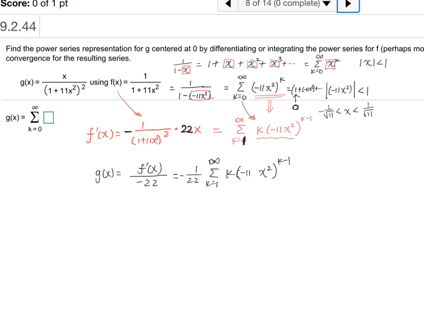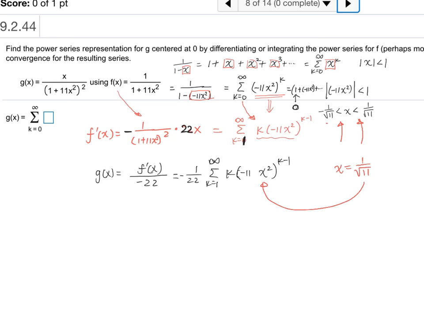And when you eventually find the interval of convergence, make sure that you check the endpoints of this interval. So when x is equal to 1 over square root of 11, will it converge or diverge? Plug that in here.